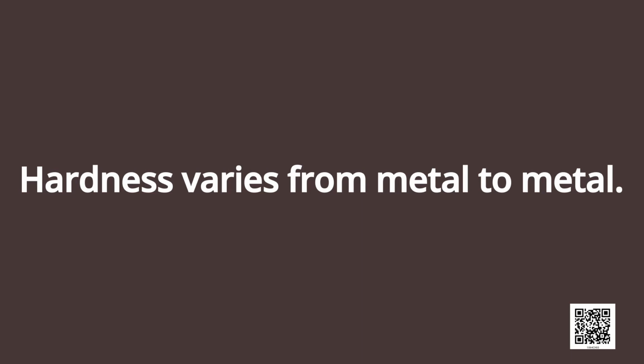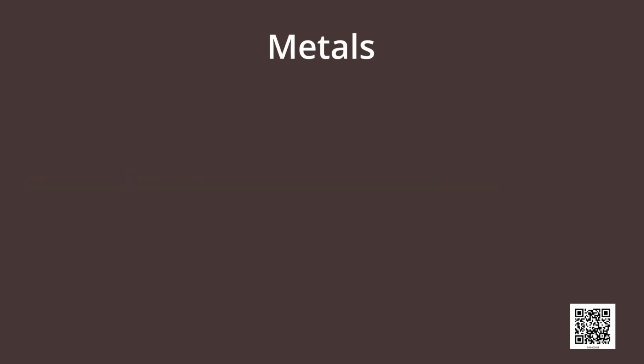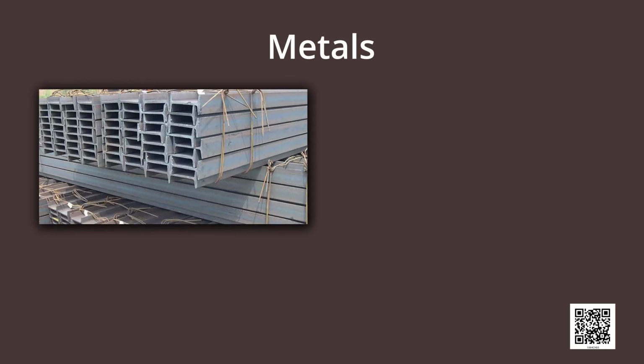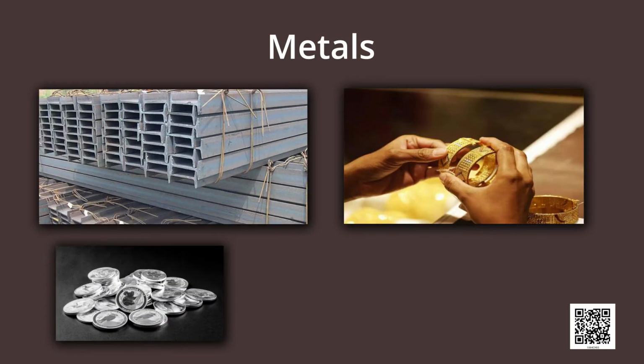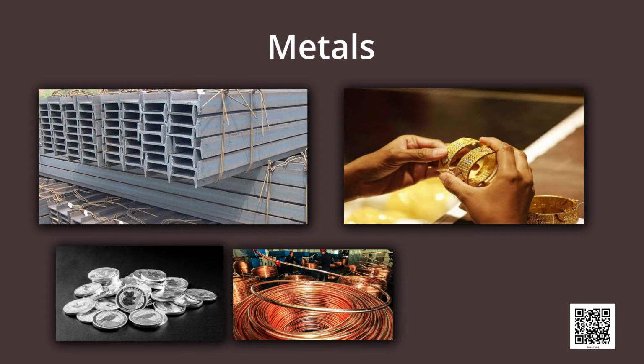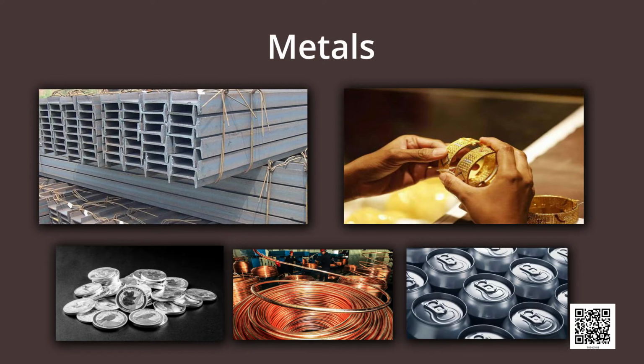Students, you might have seen any new metal like iron, gold, silver, copper, aluminium, etc. They have shiny surfaces. All metals in their pure state have a luster, which means that metals have shine or brightness.